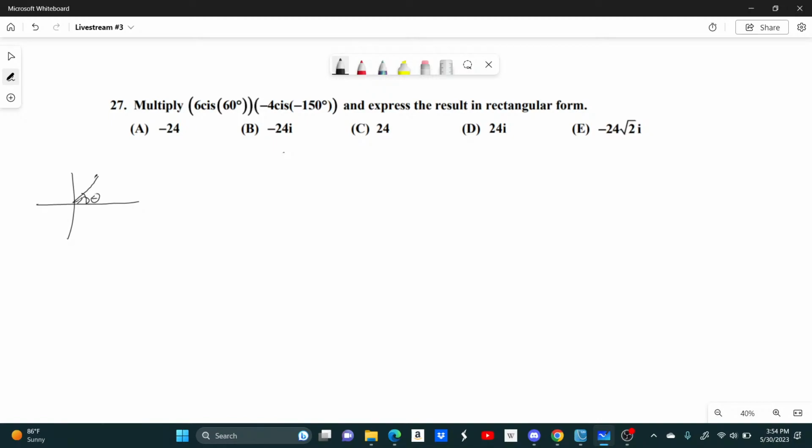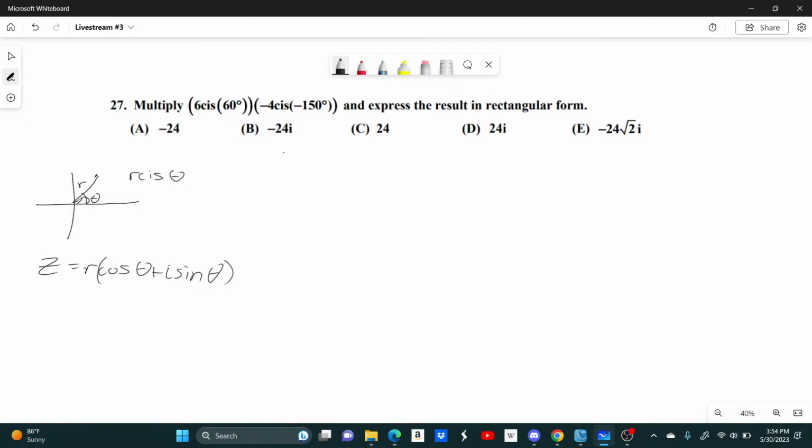If this has a length of r, and that's an angle of theta, they call it r cis of theta. And that's because you can express it as r times cosine theta plus i sine of theta. So here's your r, and then it's cis because it's cosine i sine, right? CIS, cosine i sine.